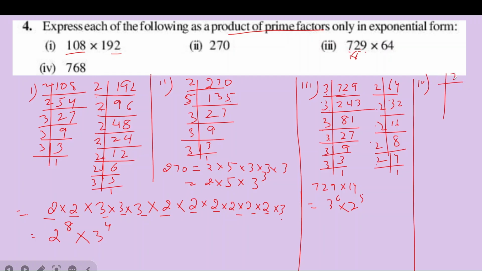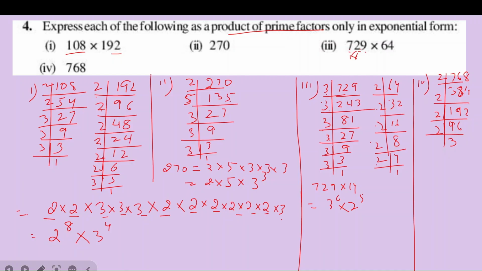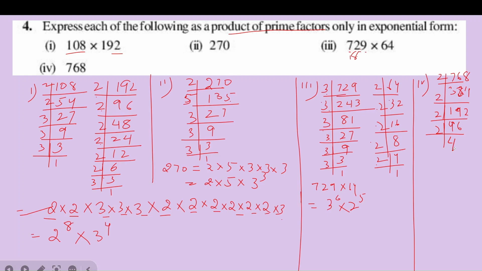768. Even number, divisible by 2. 2 ones are 2. 9, 2. 9s are 18. 2, 6. Now this is 2 3's. No, not 3, sorry. 2 4's are 8 here.